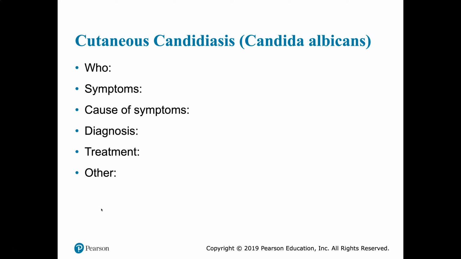Diagnosis: looking at the rash, it's pretty obvious if it's flaky, if it's in a location like on an infant on the butt or between the butt cheeks, inner thighs, armpits, very common. You can culture it and look at it under a microscope. If you see it under a microscope, it looks really interesting.